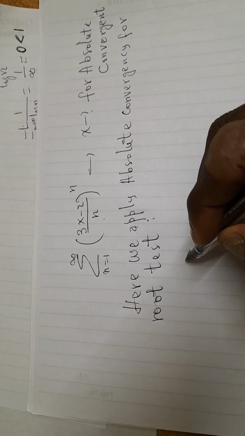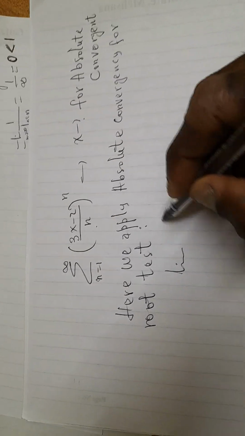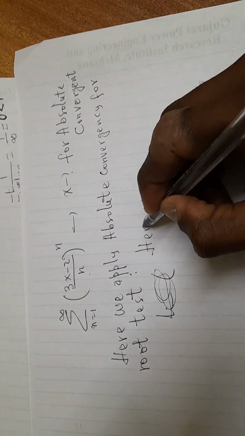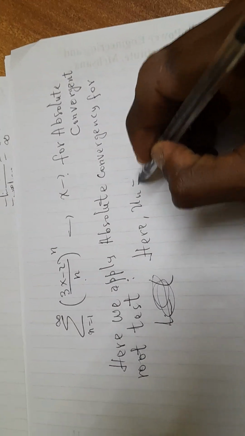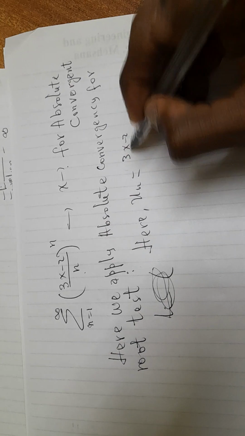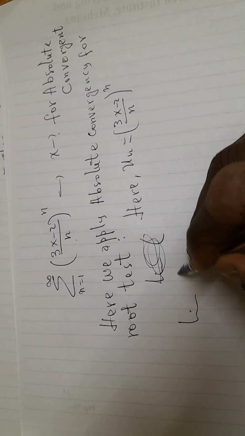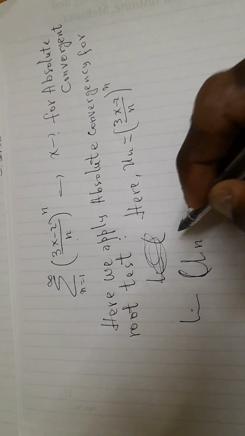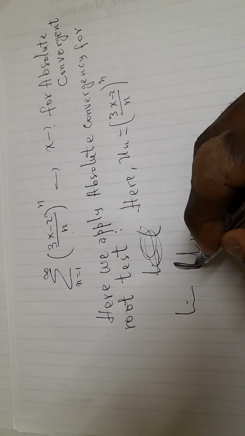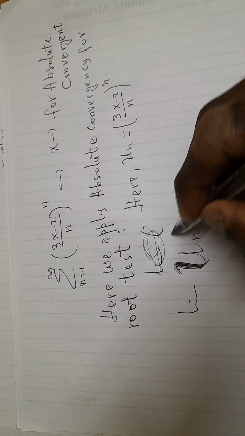So here u_n will be (3x minus 2 upon n) to the power n. Apply now the root test, u_n to the power 1 upon n, when n goes to infinity.